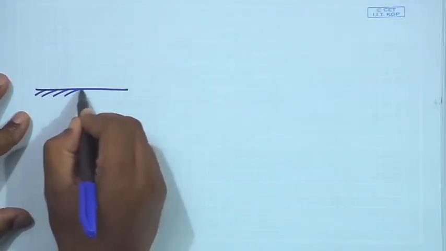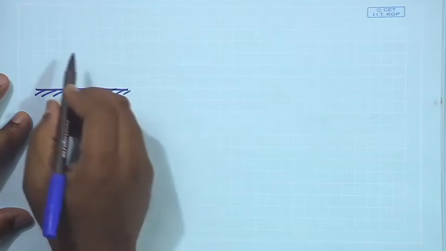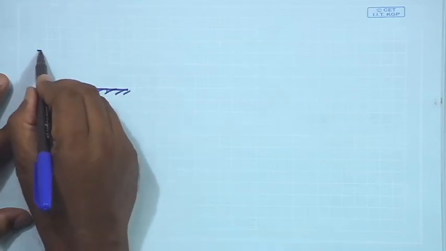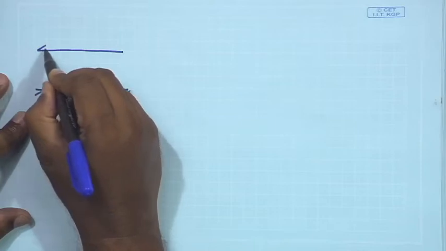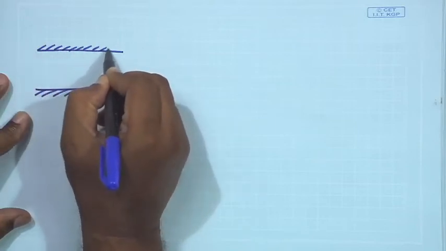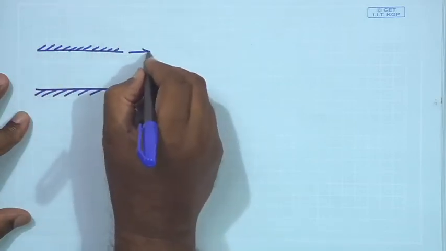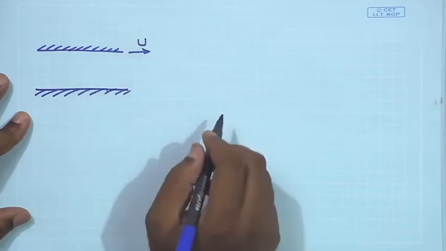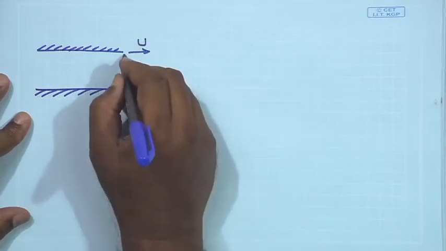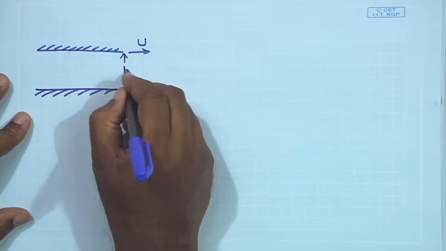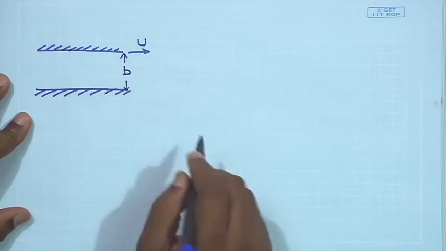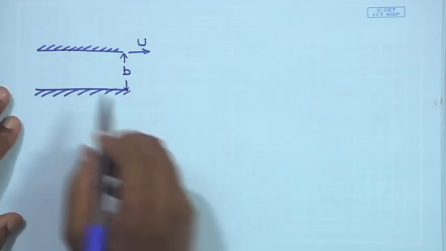So, this is my stationary plate, and there is a top plate which moves towards the right with a constant velocity equal to U, and let us assume that the gap between these two plates is equal to b.